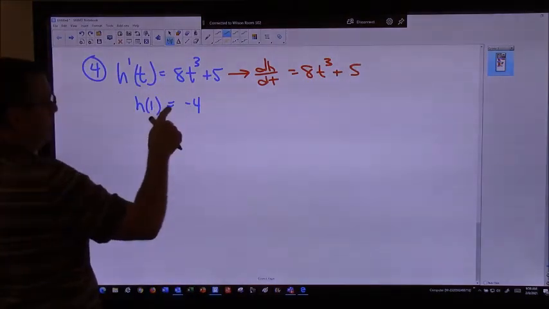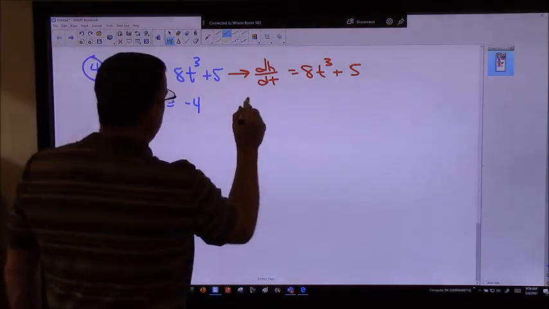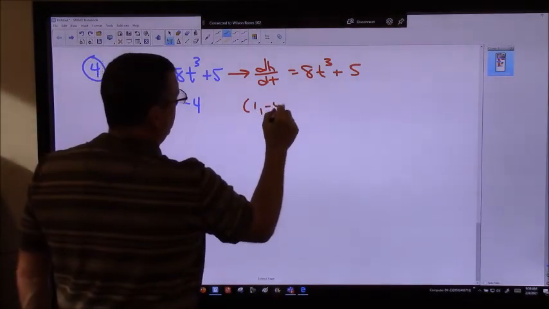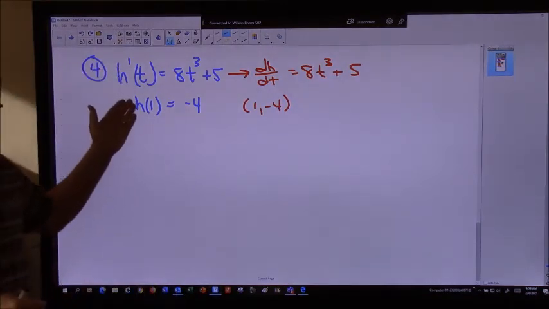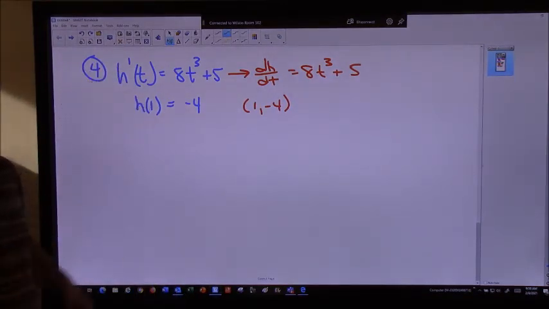And h of 1 equals -4, that's the same as saying 1 comma -4 is a solution point. So really this problem, even though it's written slightly different, it's exactly the same as the one we just did. You guys see if you can finish that up.